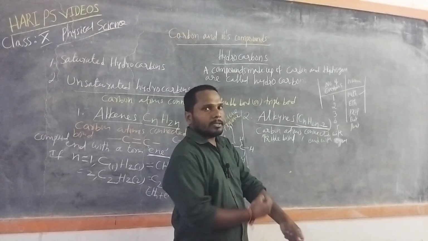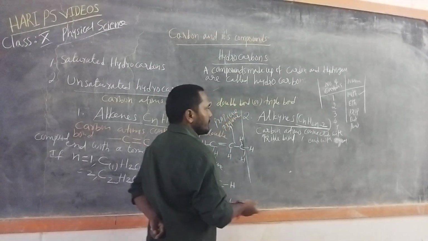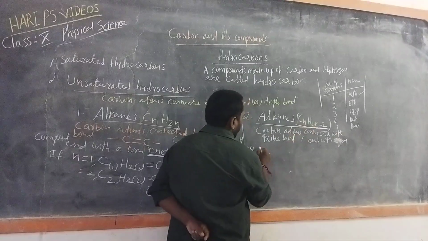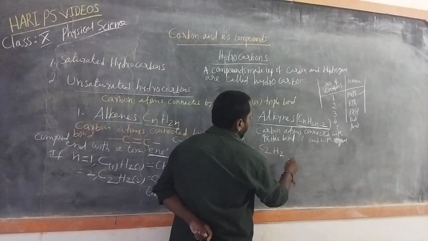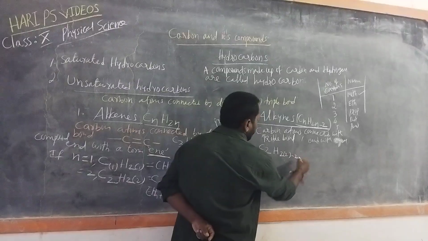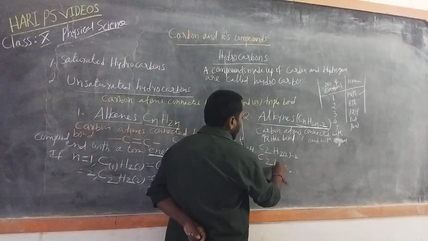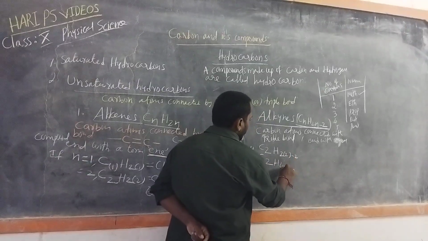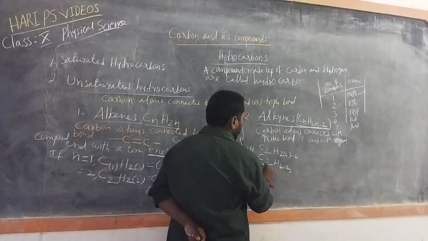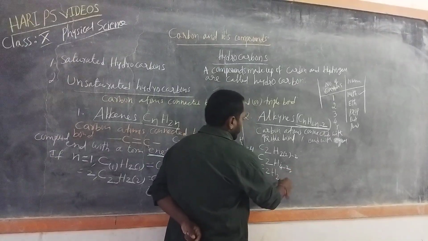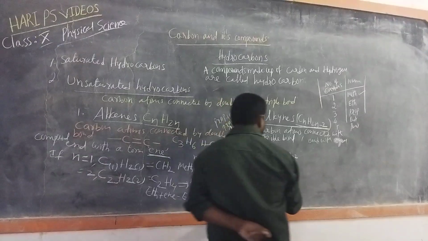Then take 2. If n is equal to 2, C2H(4 minus 2), that's C2H2.